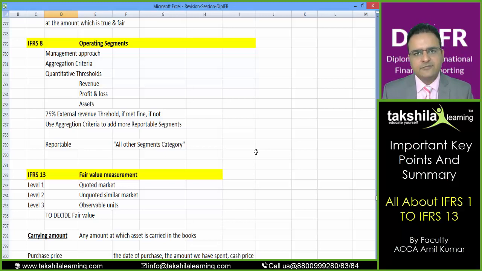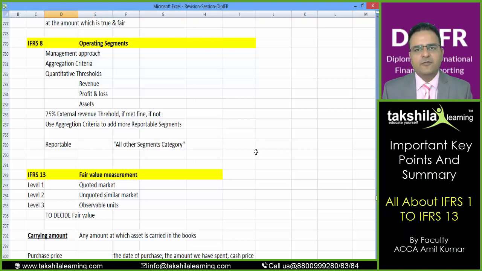Whichever is higher in absolute amount, whether the loss is higher or the profit is higher, if a segment is representing 10% or more of the greater of those amounts, then we'll identify some more reportable segments: those representing more than 10% of losses and those representing more than 10% of profit are reportable segments.